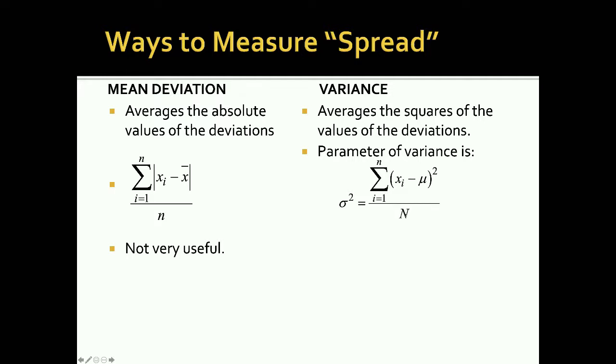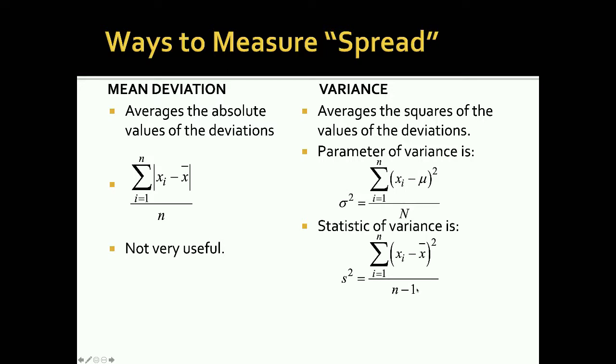And then for a statistic, we use S squared for the variance, and once again we see the data point minus the mean, so this is our deviation squared, and we add all those up. In fact, we actually don't divide by n, the sample size. We divide by n minus 1.